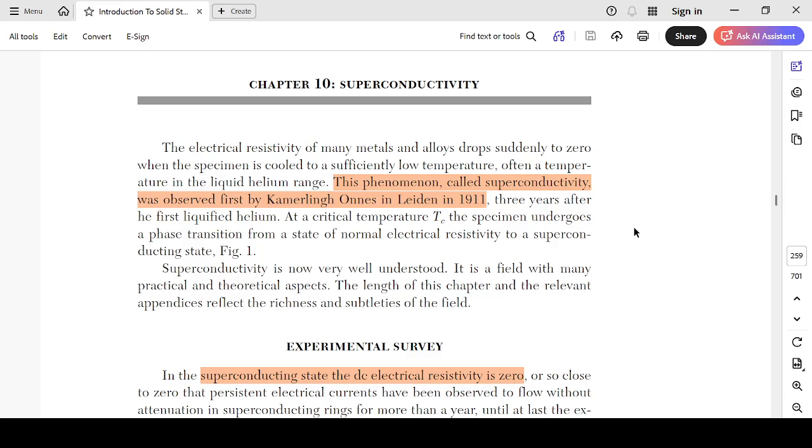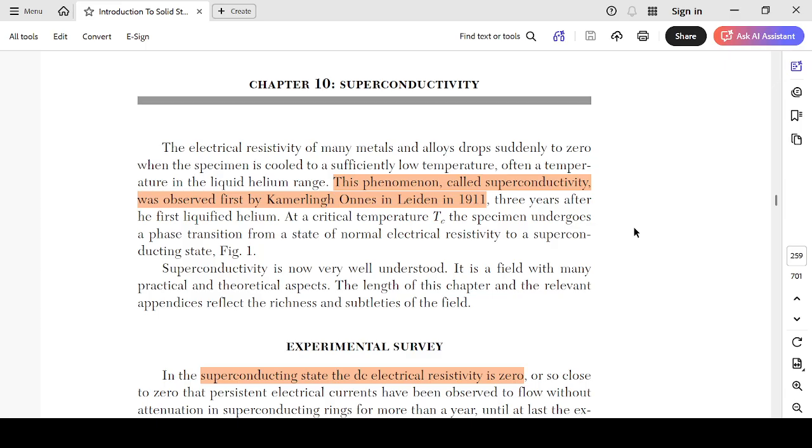Superconductivity is the phenomenon in which it is observed that whenever a material's temperature goes down to or below a particular temperature, its resistivity becomes zero. This sort of phenomenon is called superconductivity.